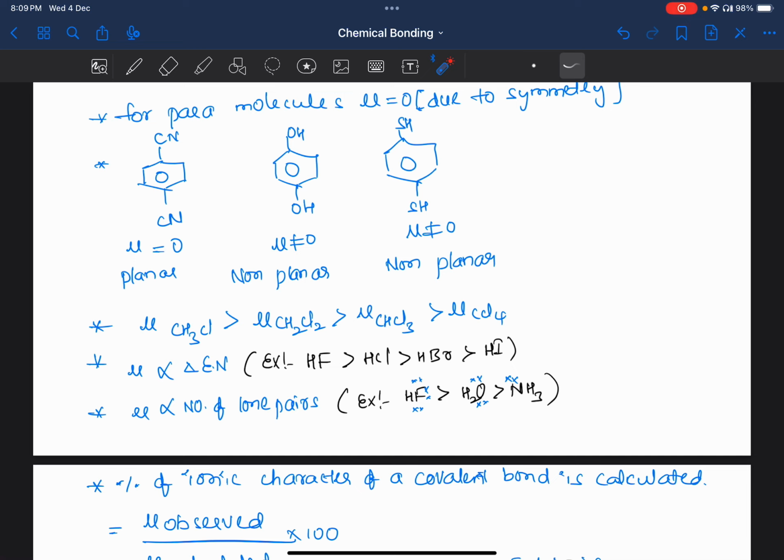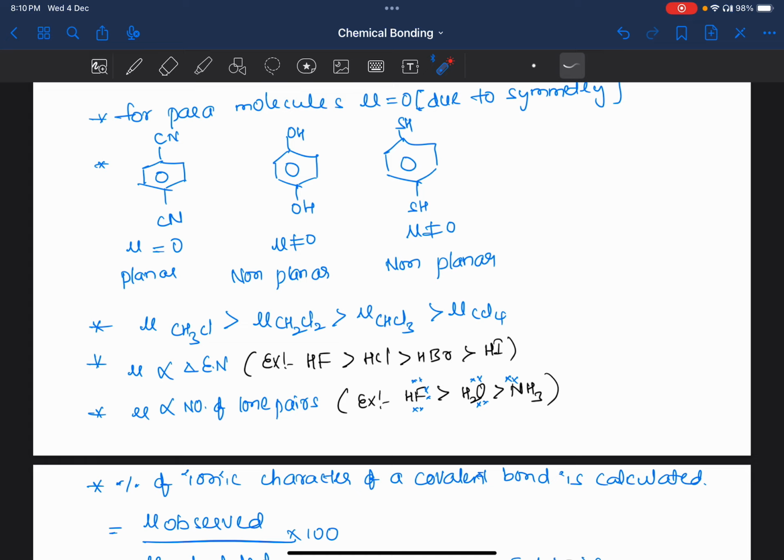In hydrogen fluoride, on the fluorine atom, three lone pairs are there. In water, on the oxygen atom, two lone pairs. In ammonia, on the nitrogen atom, one pair. Due to having more lone pairs, HF's dipole moment is more than water's, than ammonia's.